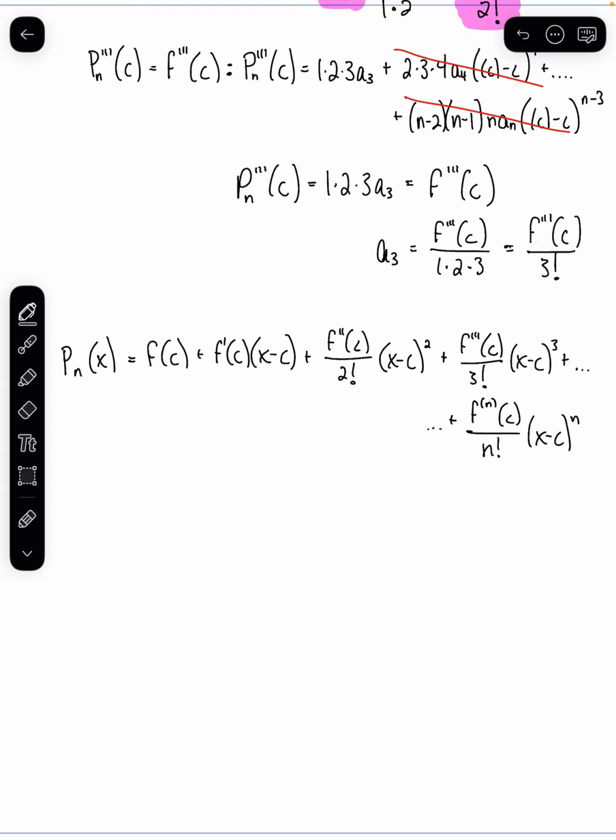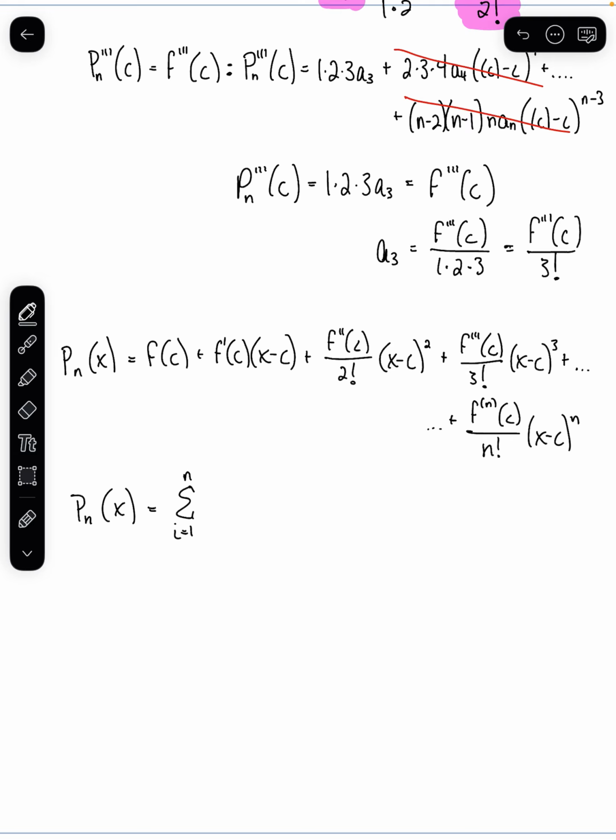This is a finite sum, not an infinite sum, but a finite sum of terms that follow a specific pattern. The pattern that it follows can be written with summation.